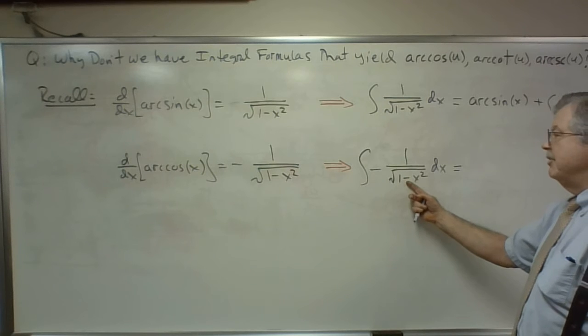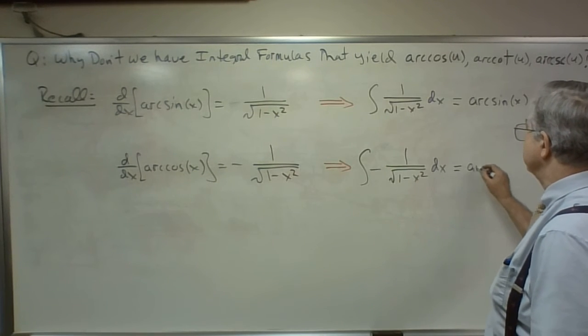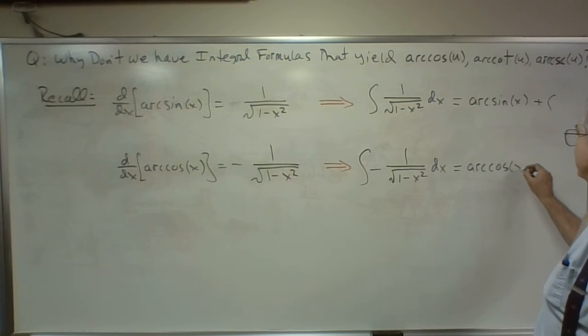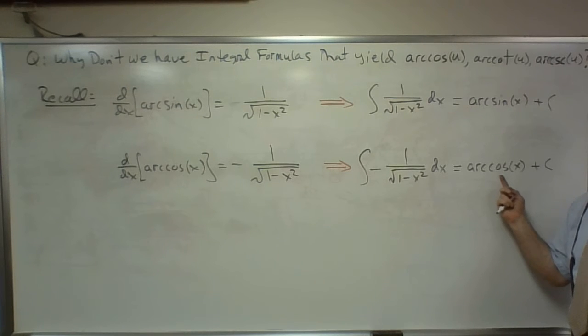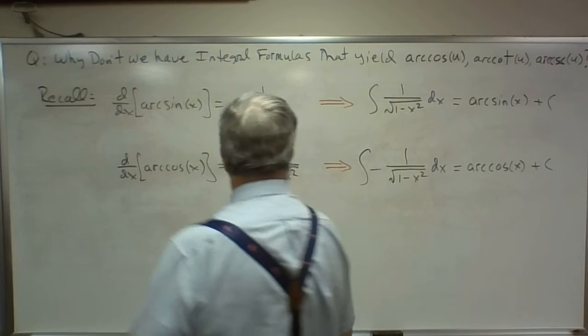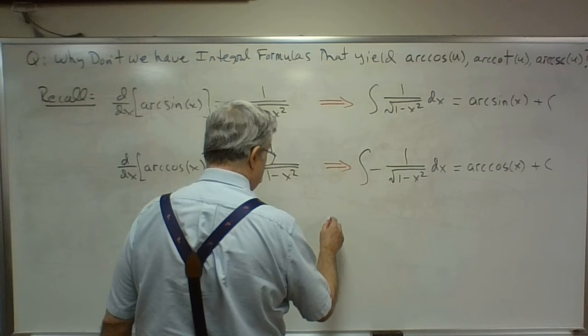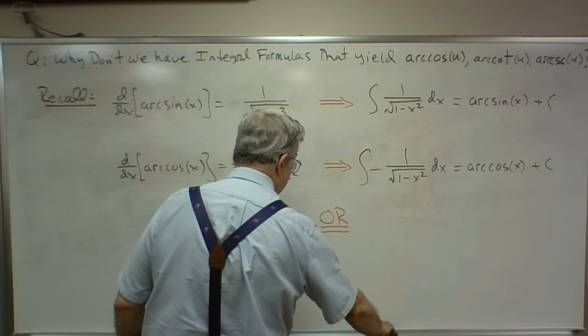If we integrate this thing, we get exactly what we started with. And so far, it looks like I'm undermining my argument for why we don't have formulas that yield inverse cosine and inverse cotangent and so forth. Whoops.